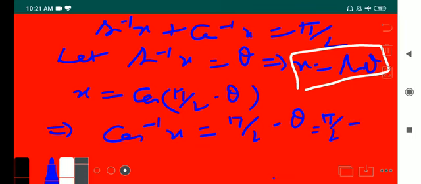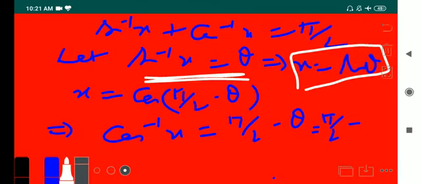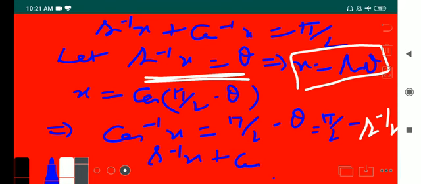And what is the value of theta? Theta we have already discussed, the value of theta is sin inverse x. So pi by 2 minus, in place of theta we will write sin inverse x. So in totality, when we transpose sin inverse x to the left hand side, we have sin inverse x plus cos inverse x equal to pi by 2.